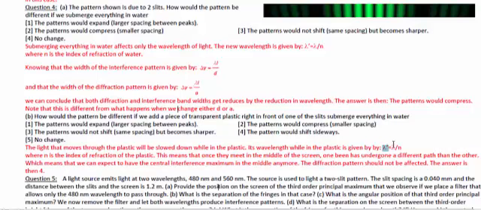So the path difference is going to become different, since the light that's going to move through the plastic is going to move slower while in the plastic. So because of that, my central maximum is not going to happen at the center anymore.